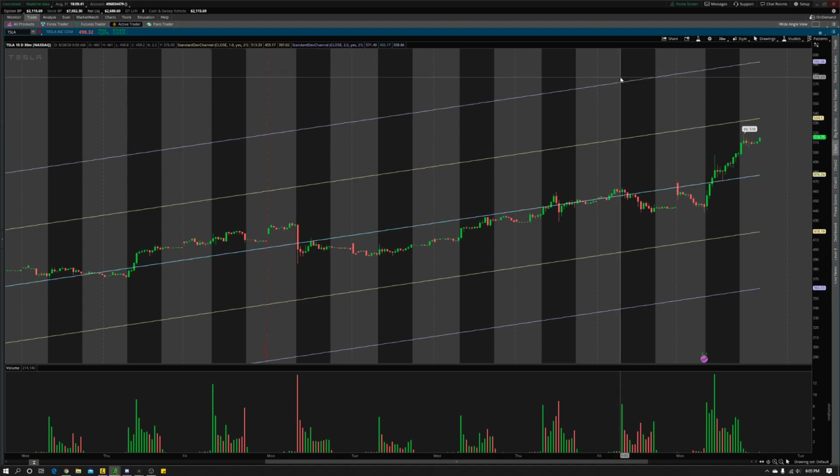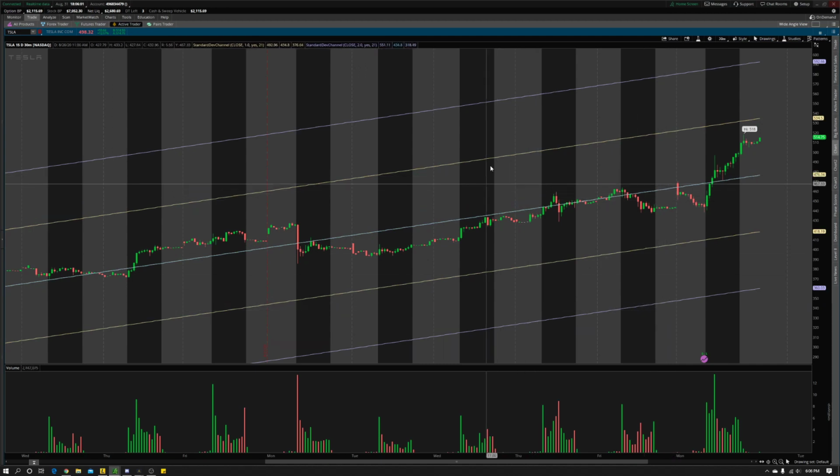Anything beyond that, there's just over a 4% chance that it's ever going to be there. 96% of the time, the price action is going to be between these lines. So this is the center. This is one standard deviation to the downside and two standard deviations to the downside.